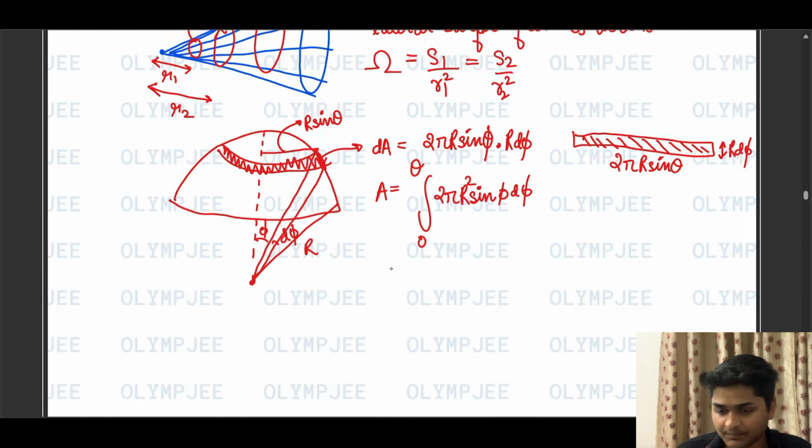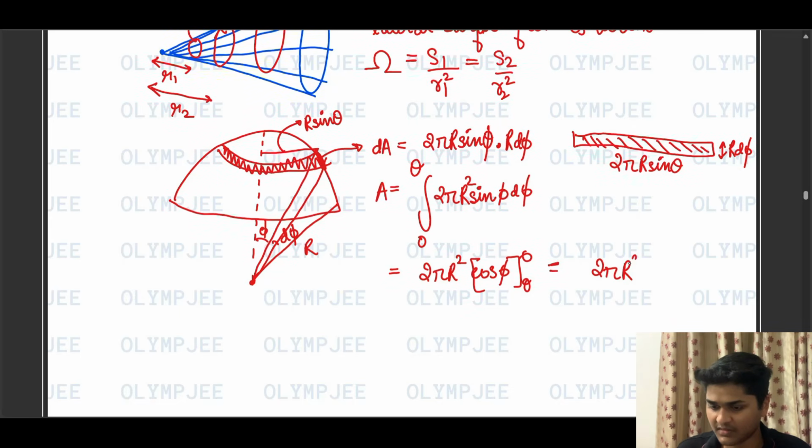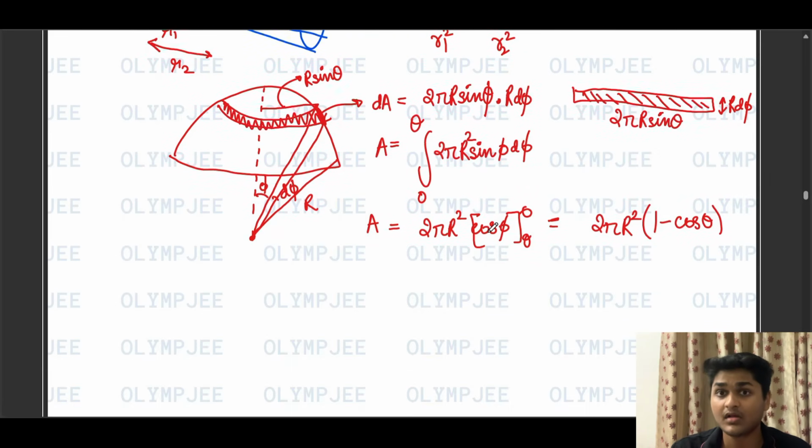So this will become 2 pi r square cos phi from theta to 0, because it will be minus cos, so I have exchanged the limits. So this will be 2 pi r square 1 minus cos theta, right? And solid angle is given as area by r square, so this will become 2 pi 1 minus cos theta.